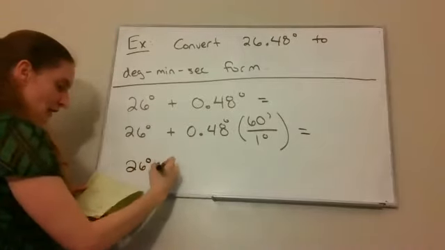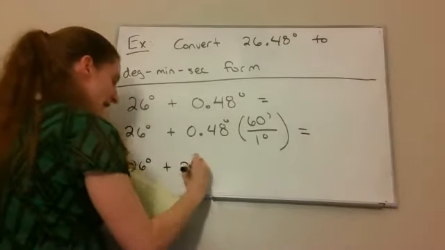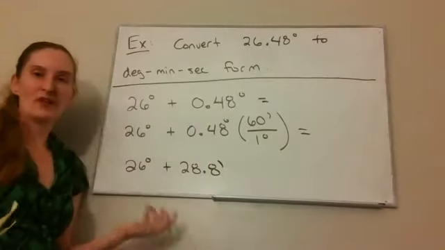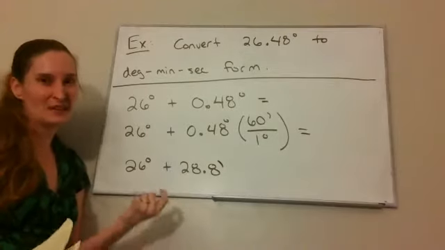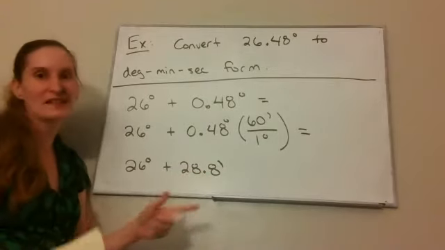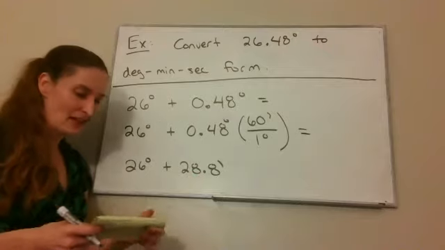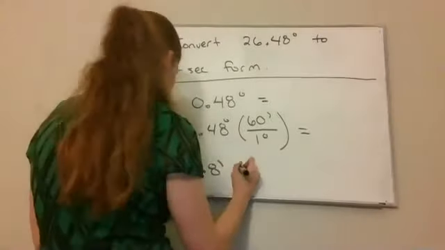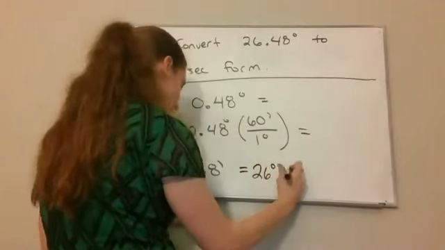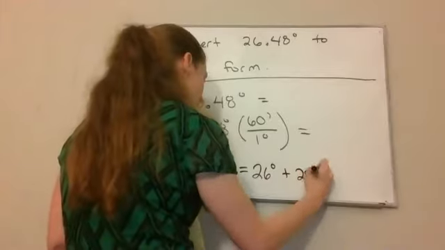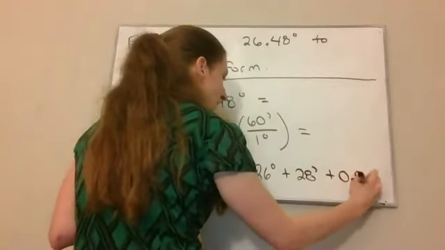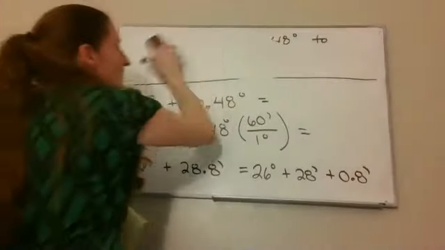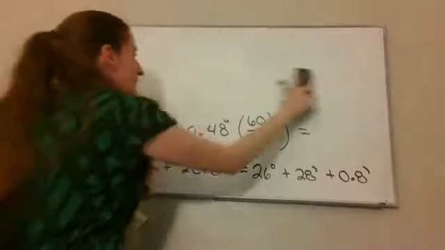So I have 26 degrees plus 28.8 minutes. Well, that put it in degrees and some minutes, but I still have a fraction of minutes, so that's going to get me some seconds. So I have to change this 0.8 minutes into seconds. Right now I have 26 degrees, 28 minutes, and 0.8 minutes. So now we just have to convert that 0.8 minutes into seconds.